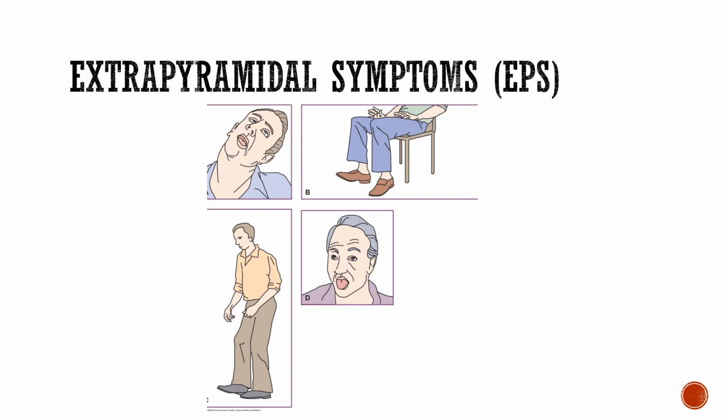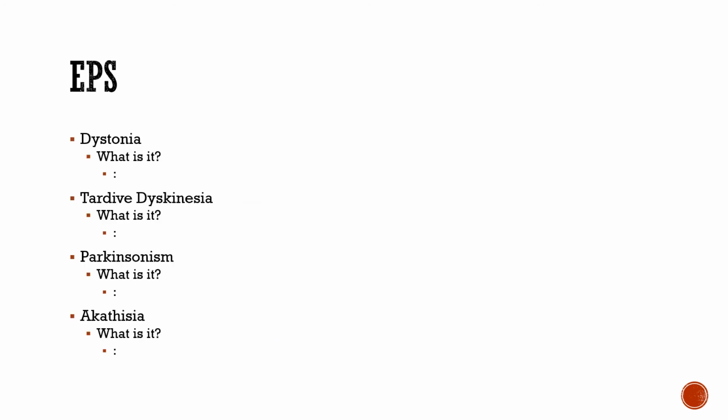So those are the typical EPS: your dystonia, which is A, your akathisia, which is B, your pseudo-Parkinsonism, which is C, and your tardive dyskinesia, which is D. And we just went over these. So again, dystonia, that's that spasm of the tongue, neck, back, legs. It's that abnormal positioning of the neck, abnormal eye movements.